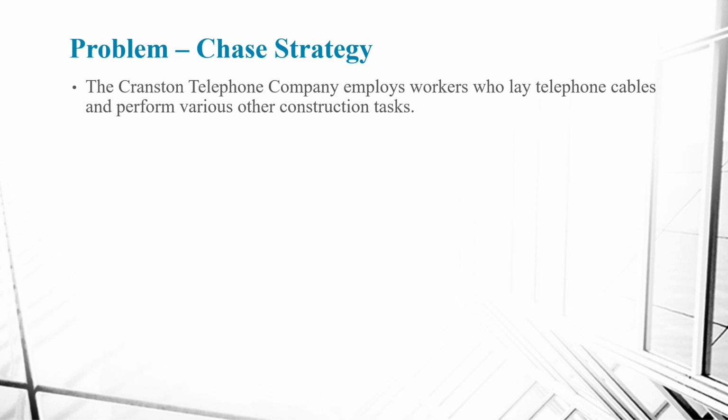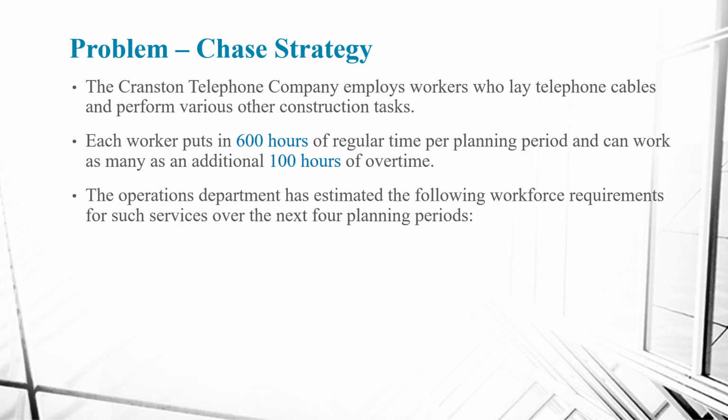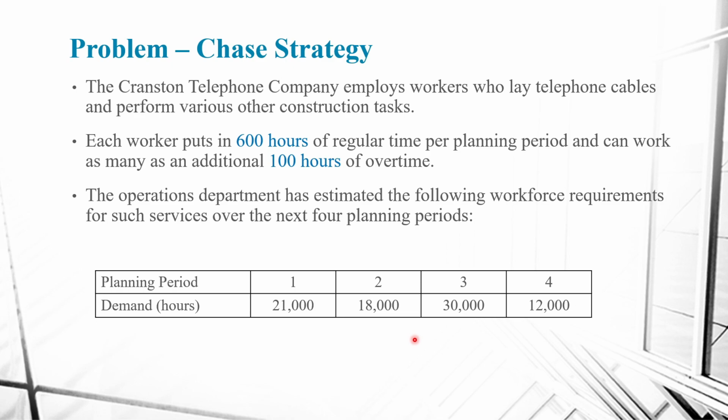operations. Each worker puts in 600 hours of regular time per planning period and can work as many as 100 hours of overtime. The operations department has estimated the following workforce requirements for such services over the subsequent 4 planning periods.